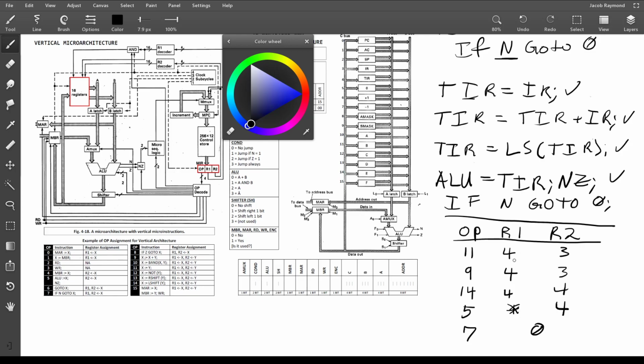So they're essentially don't cares. You can maybe put a line or something saying, hey, I'm not putting anything there because it doesn't matter. But in general, it's not that big of a deal. Just don't put a value there. Okay, thank you.